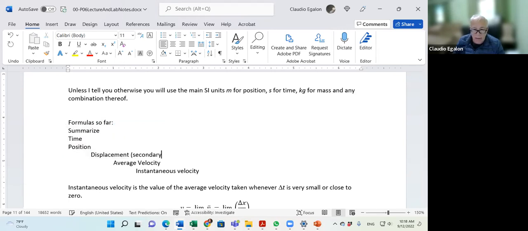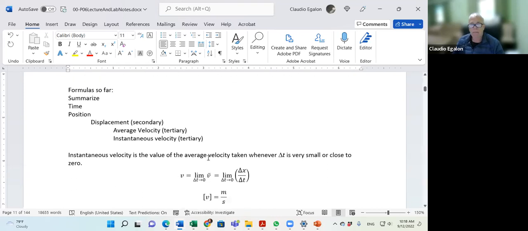Then we use the definition of displacement plus the definition of time to define the average velocity, which we call a tertiary definition. And then we also have another tertiary definition that we call the instantaneous velocity.